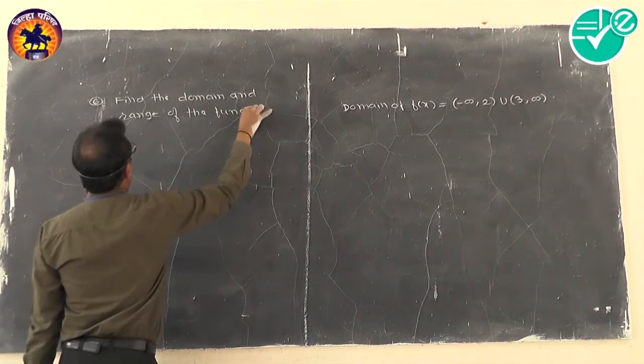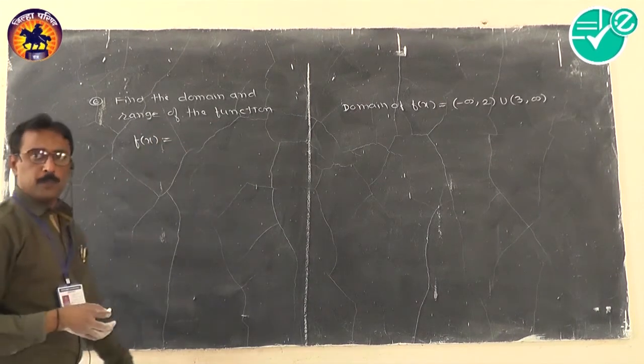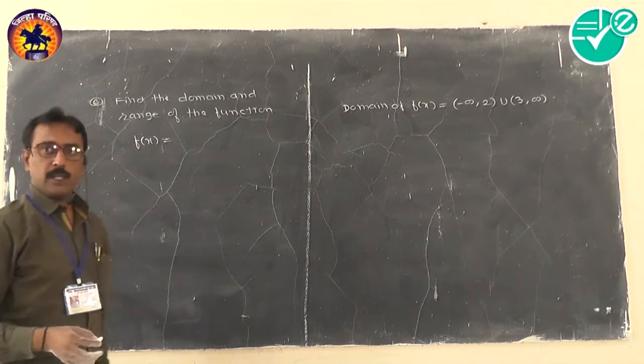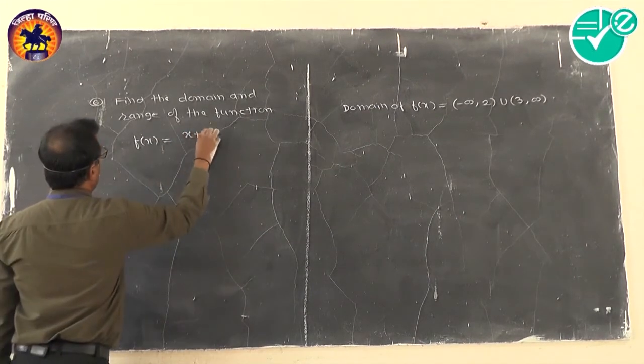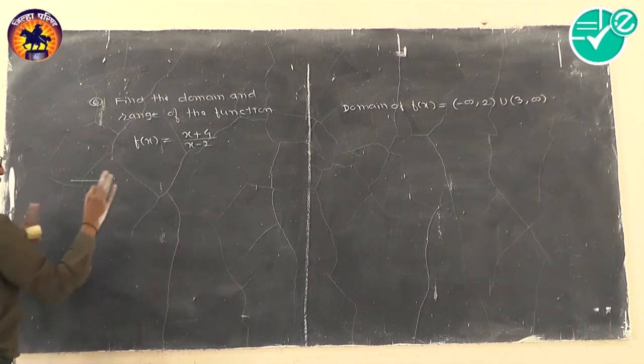Find the domain and range of the function f of x equals x plus 4 upon x minus 2. Now we will solve this problem and then we will stop.